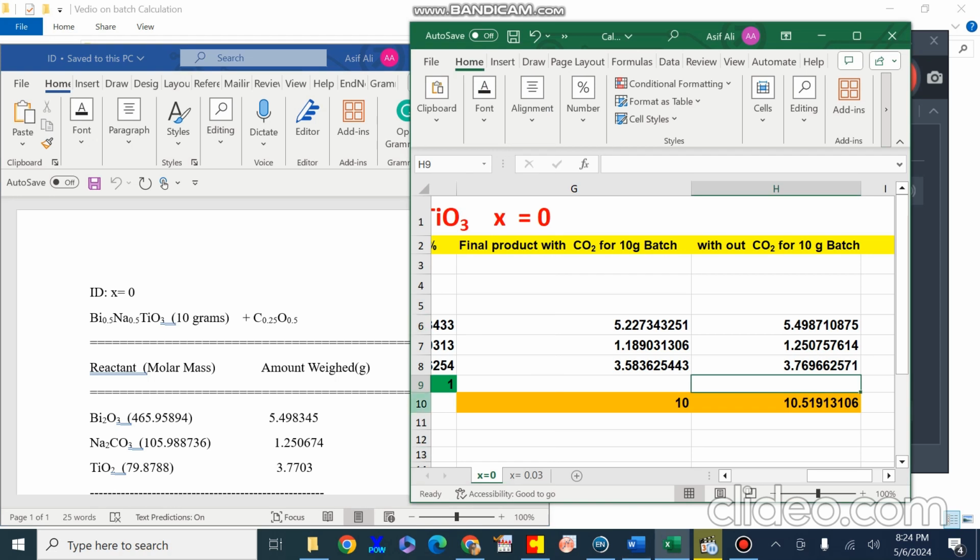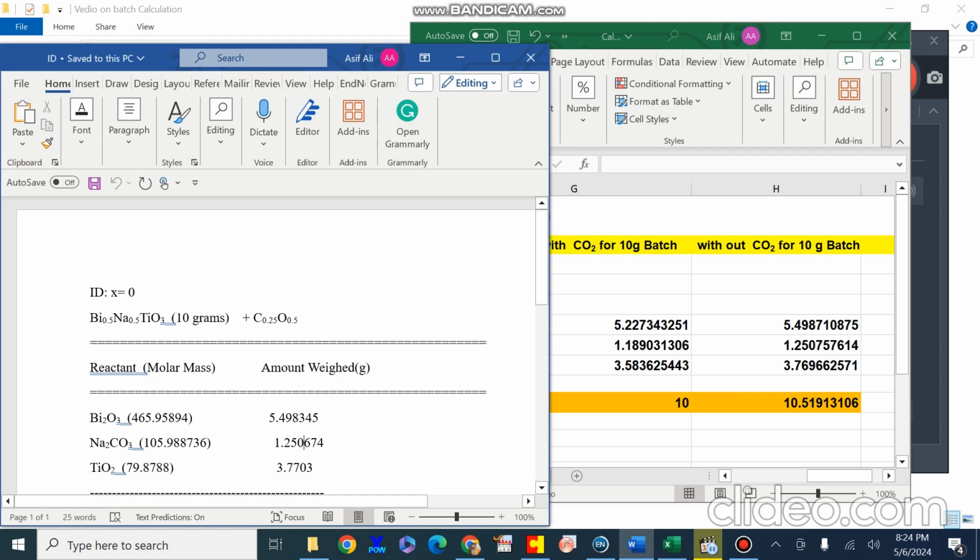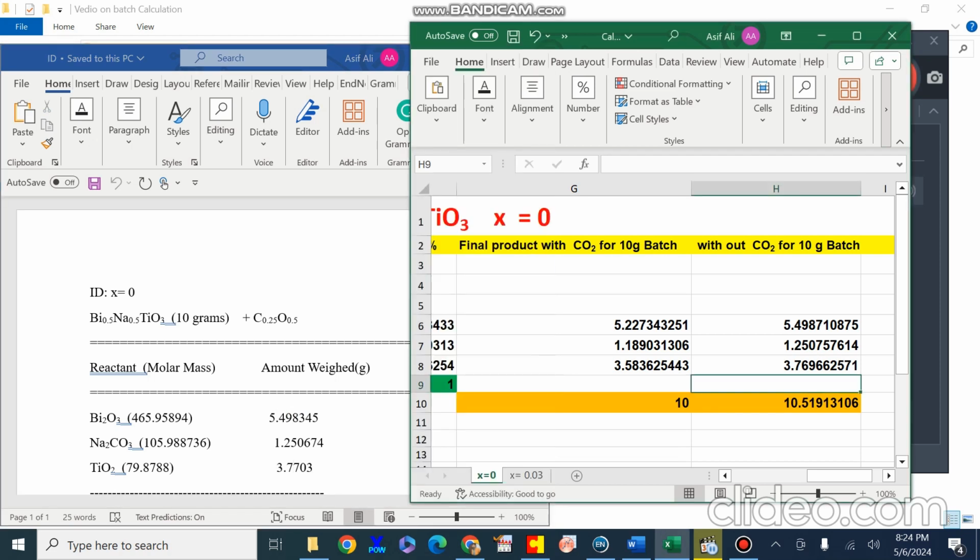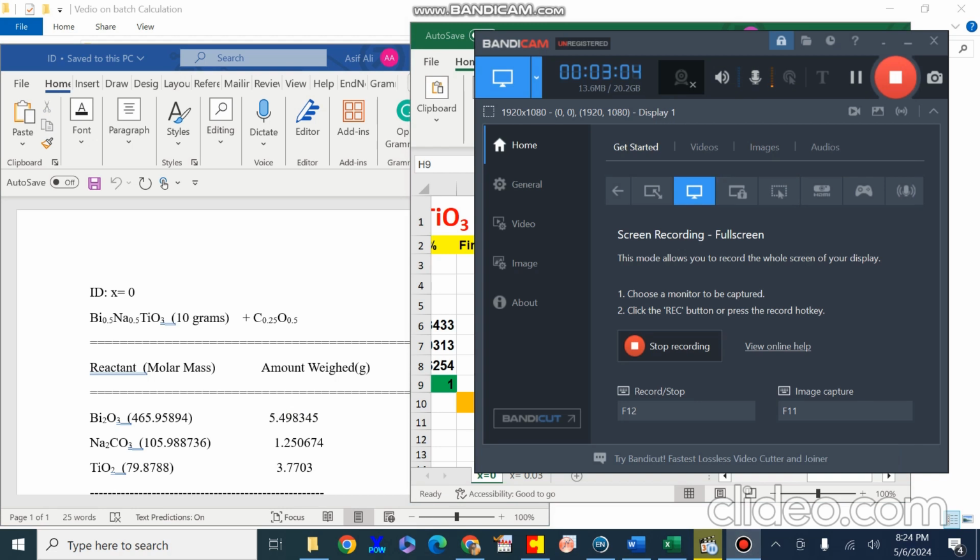So it is the same as our calculation. And for the TiO2, they tell us that the requirement will be 3.7703, but here we measure it as 3.769 gram. So our calculation is the same as that reported by the software.